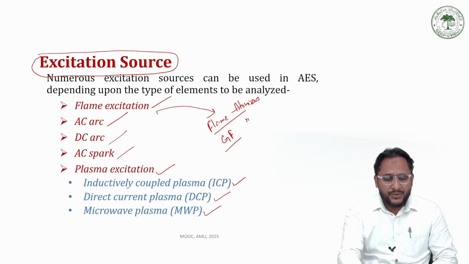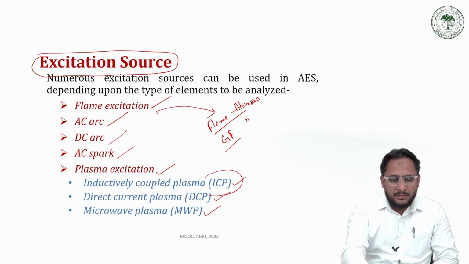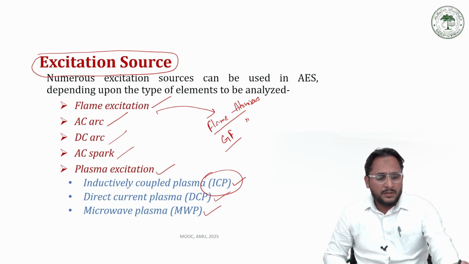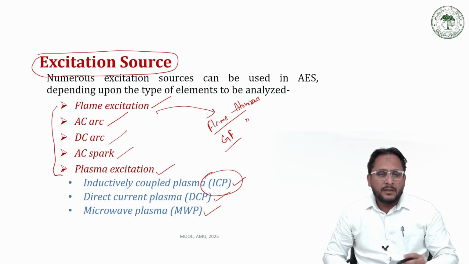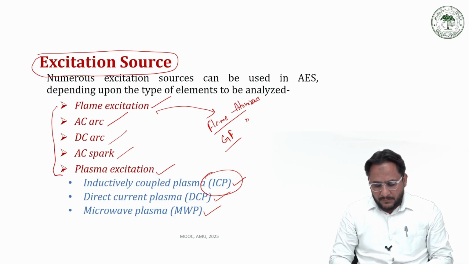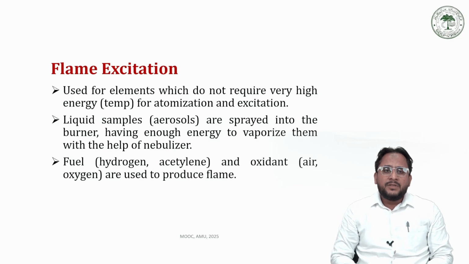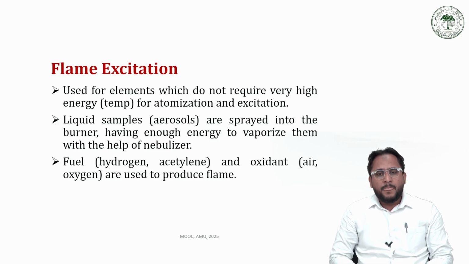And out of these three, ICP is the most widely used technique. But before moving on to the plasma techniques, we'll first discuss these excitation sources. So let us begin our discussion with the flame excitation sources.